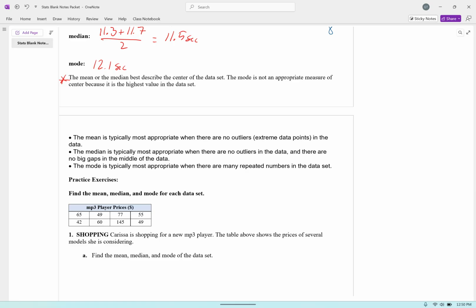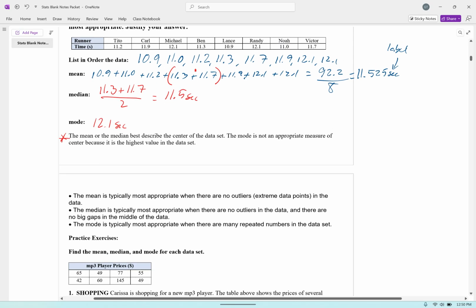So in this case, these runners range from 10.9 to 12.1 seconds. An extreme data point would be something like 50 seconds. It's very different than the rest of them. That would be what we'd call an outlier. Okay, so if there are no outliers, then the mean can be a really good measurement of center.